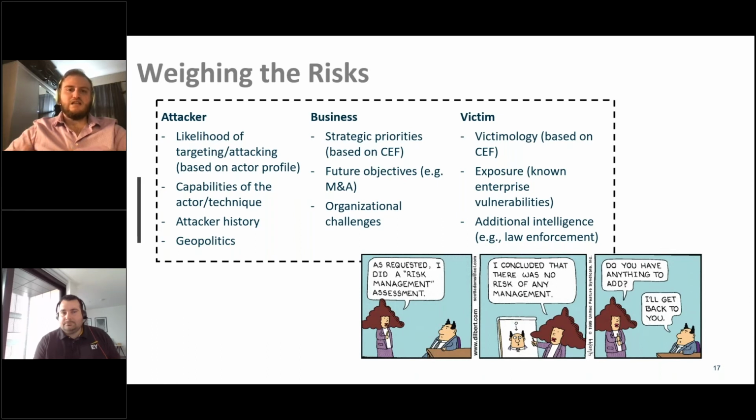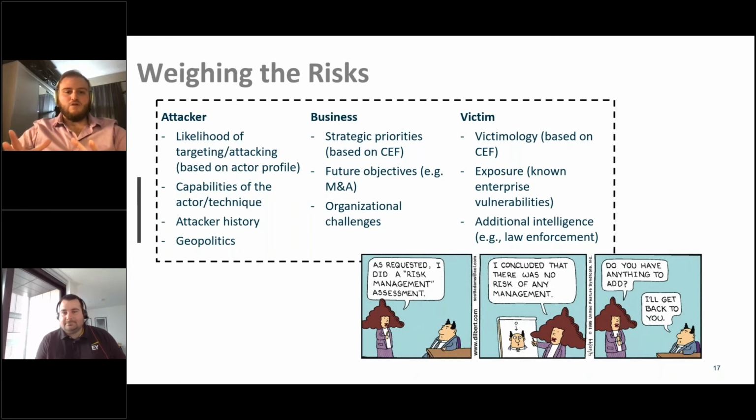This has to do with the funding, training, what type of analysts they have. There are security teams that work on the quote unquote dark side of cybersecurity. We also look at the attacker history and geopolitics. Does their attack history, and what they operate within from a geopolitical standpoint, help to increase the risk that this attacker would look at our business?